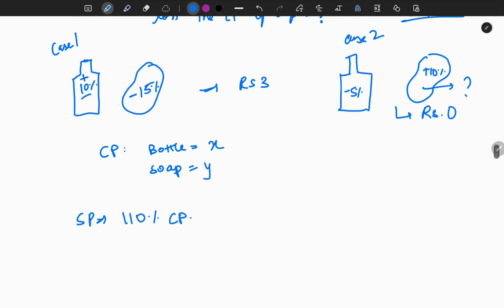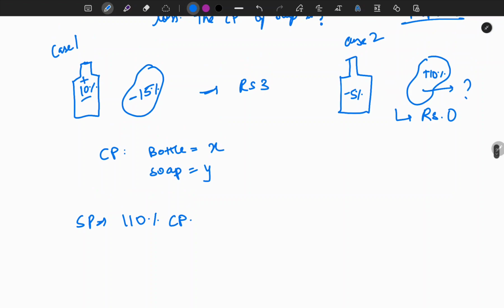Where do I get these numbers from? The formula that we have discussed above: 100 plus profit upon 100 into CP, which in this case would be 110 upon 100 into CP, which is 110% of X.